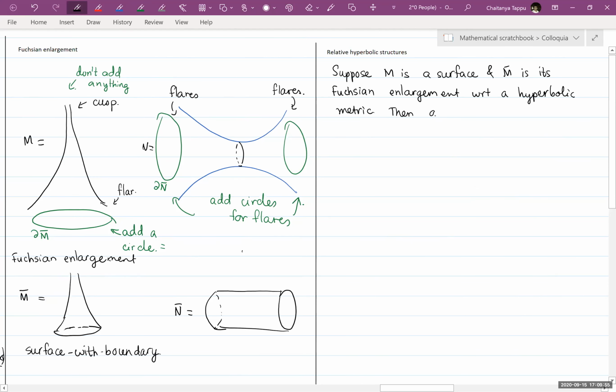Then a continuous relative hyperbolic structure. I should also say marked. Relative hyperbolic structure on M, comma, the boundary.